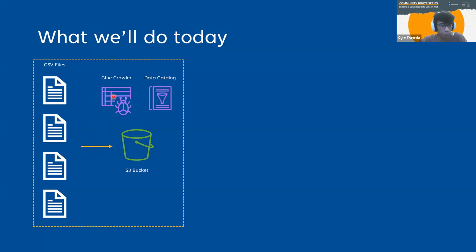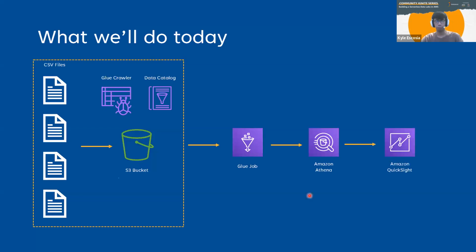And then once na ma-populate mo yung schema na yun, makikita mo na siya kay data catalog, which pwede natin siyang i-consume via glue job and then query via Amazon Athena, and then we'll also do some visualizations using Amazon QuickSight.